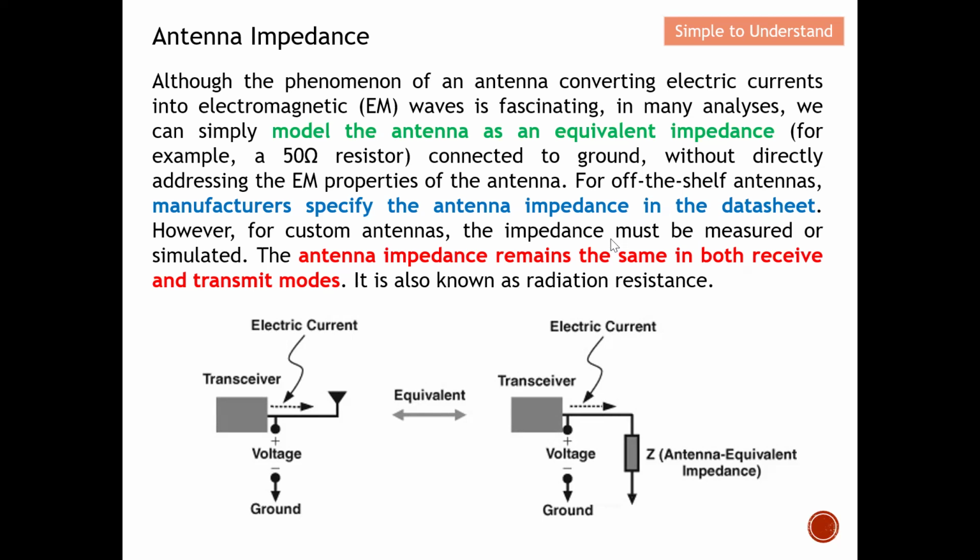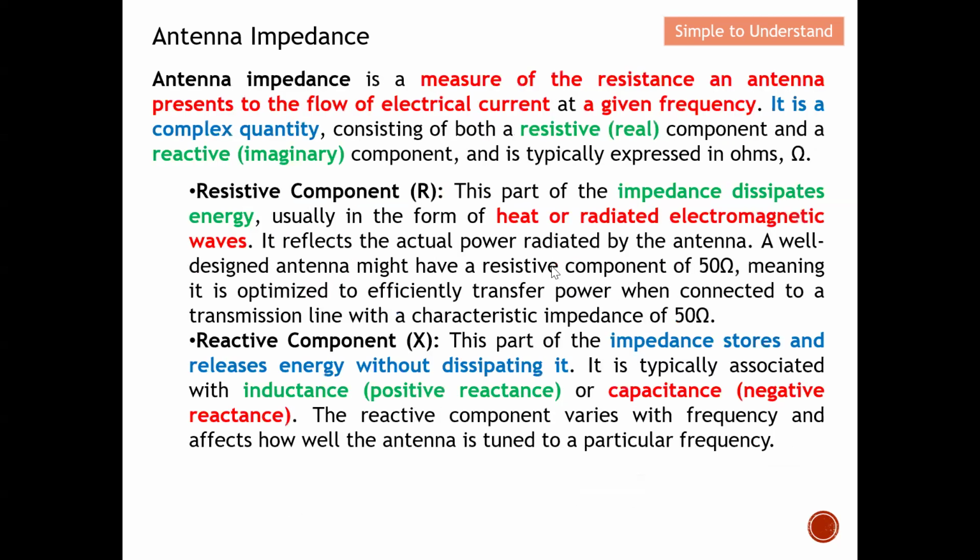The key thing about antenna impedance is what is known as radiation resistance. This is the key thing that will determine the antenna impedance, so we are going to take a close look at radiation resistance in this video. The antenna impedance is in fact a measure of the resistance that an antenna presents to the flow of electrical current at a given frequency.